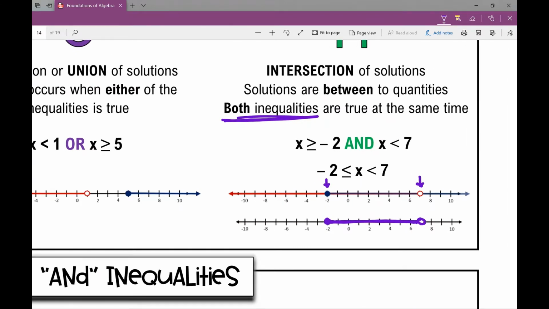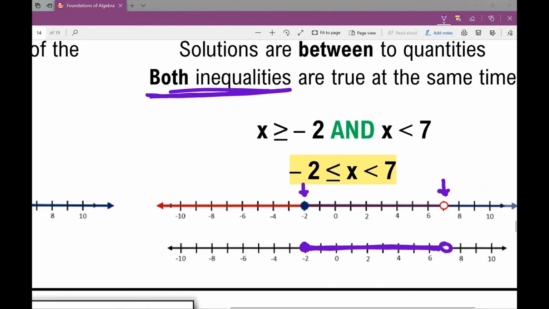So that's how I would graph an AND compound inequality on my number line. What I love about AND compound inequalities is this right here. The AND inequality can be written like this, okay? And instead of reading it from left to right, I'm going to say your smallest number is over here, -2. Your largest number is on the right, and x is in between.